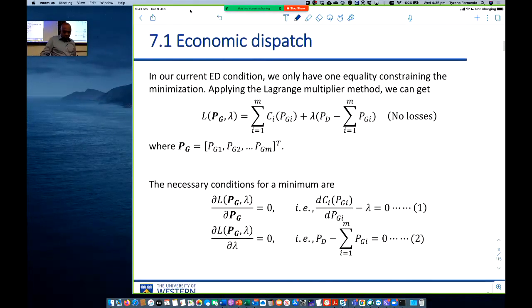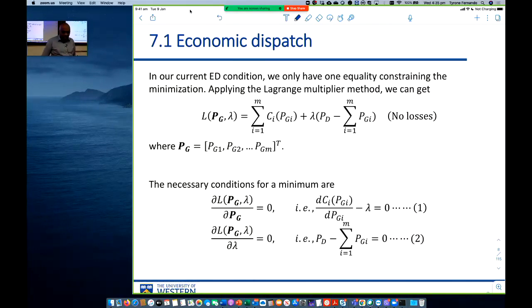So in our economic dispatch conditions, we only have one constraint in the minimization. Applying the Lagrange multiplier method, we are only going to have one lambda, not several lambdas.